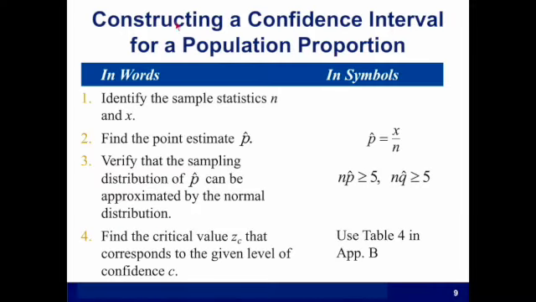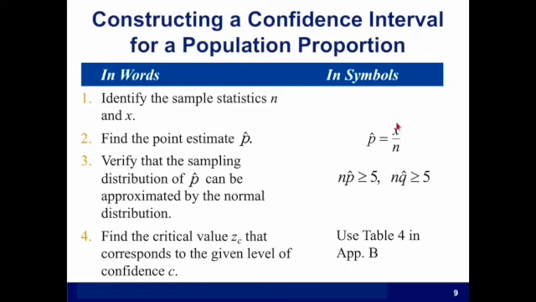This is a review of the steps you need to follow to construct a confidence interval for a population proportion. First, identify the sample statistics: N, the sample size, and X, the number of successes in your sample. Once you have those two values, find the point estimate for the population proportion, P hat, calculated as the number of successes divided by the sample size.